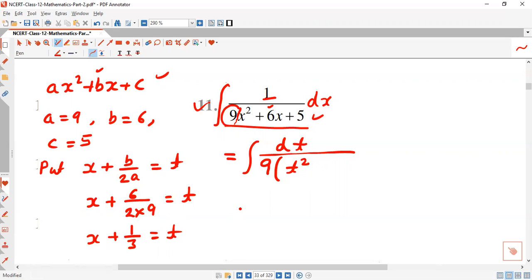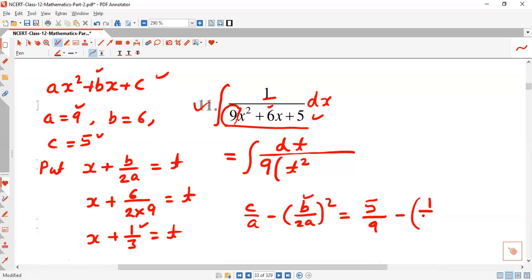We will calculate this by this formula. I will write down the formula here: c upon a minus b upon 2a whole square. So c upon a, c is 5, a is 9, 9 minus b upon 2a whole square comes out 1 by 3, 1 by 3 whole square.